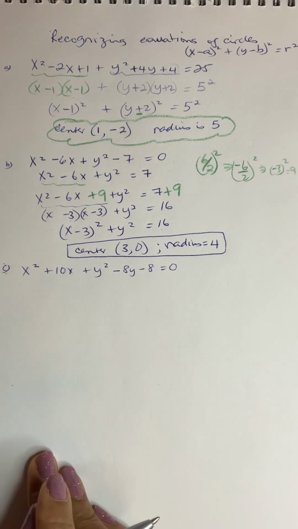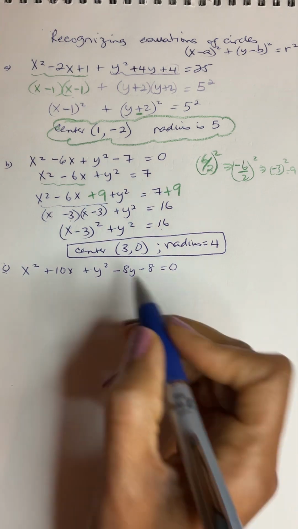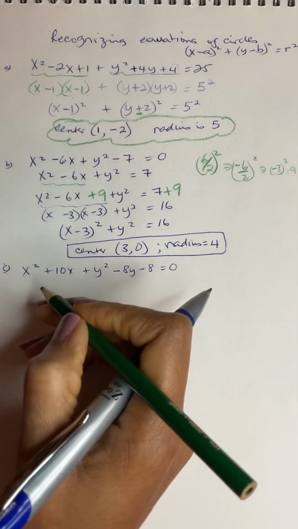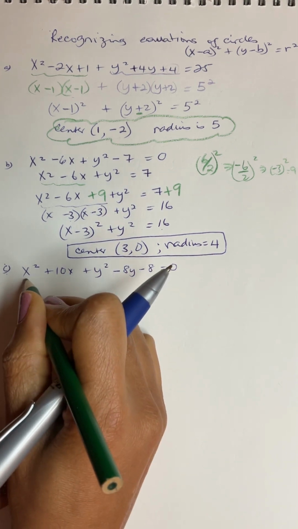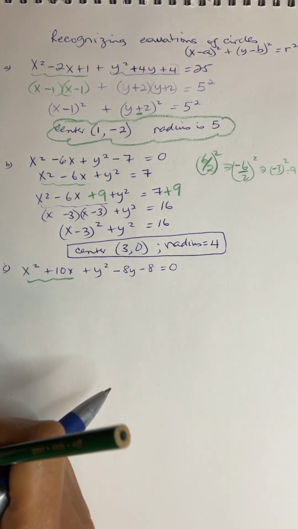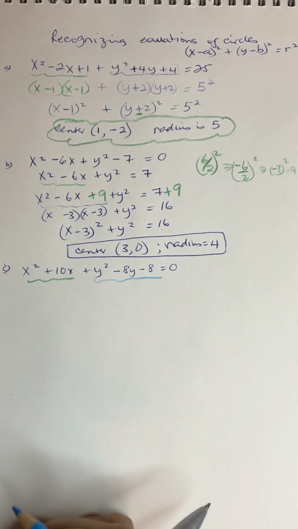Okay, now let's move on to another one. So same concept again. We have this part, this binomial. We have to do completing the squares to get this problem done, and we have to do the same thing with this right here.